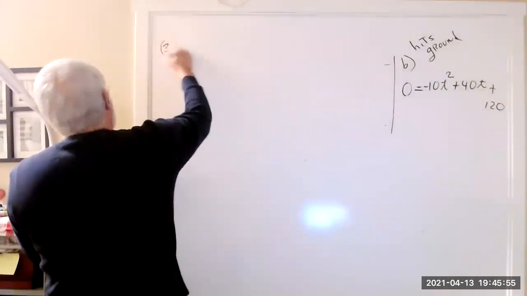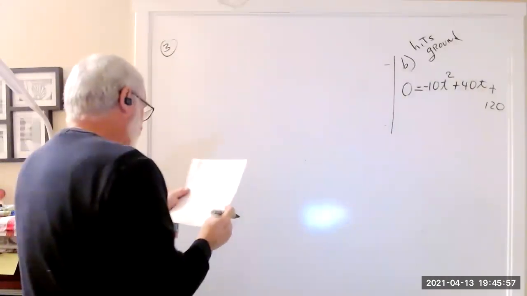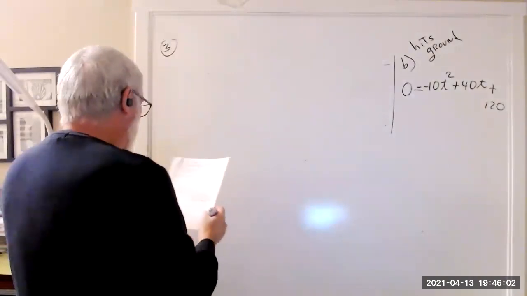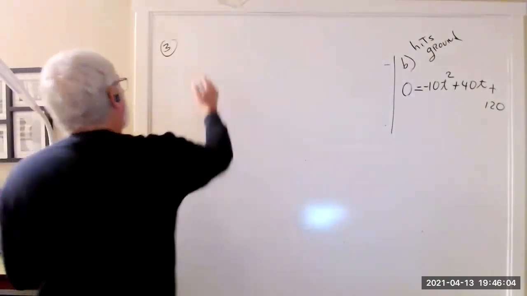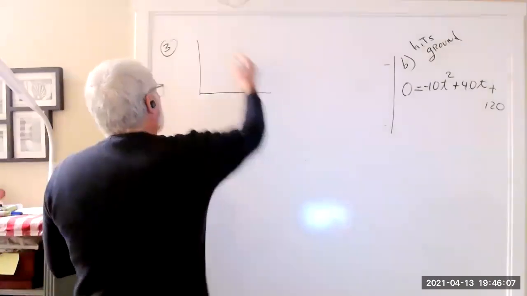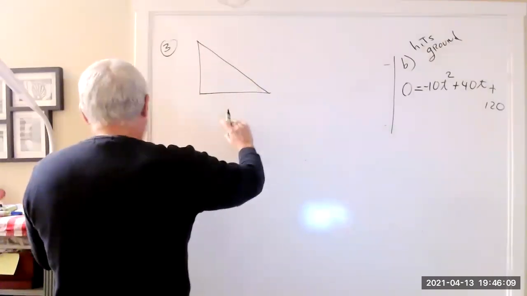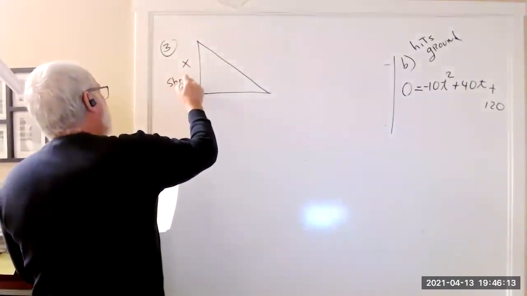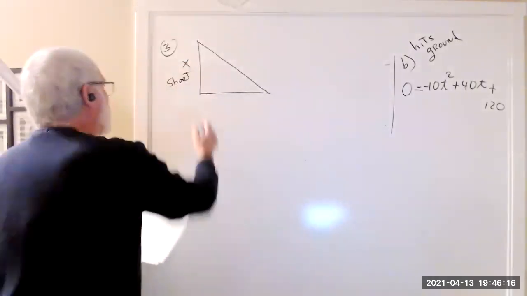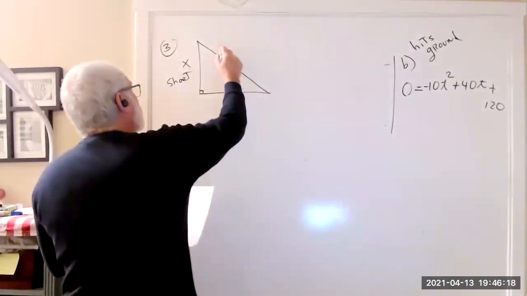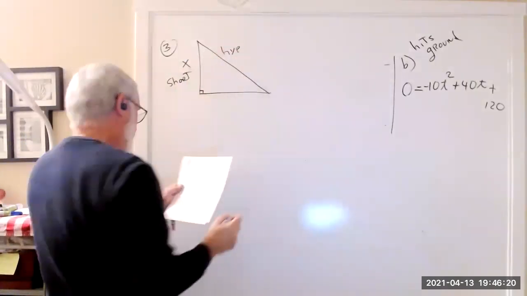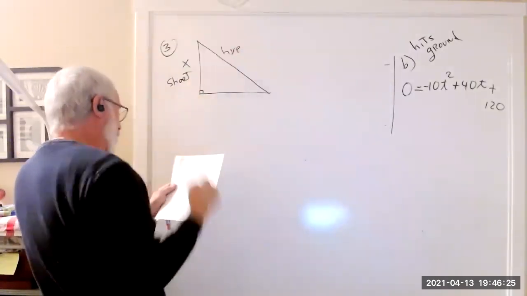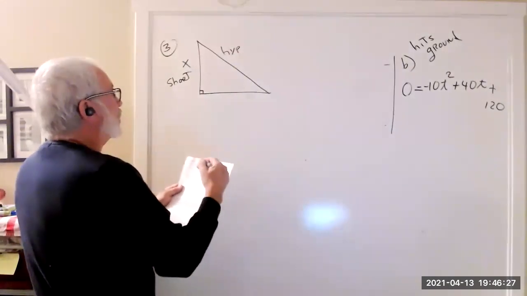Pythagoras, number 3. The hypotenuse of a triangle is 3 more than twice the longest leg. Again, if somebody could put this in the chat. So here we go, right triangle. X is going to be my short leg. The hypotenuse, which is this side out here, is 3 more than twice the shortest.